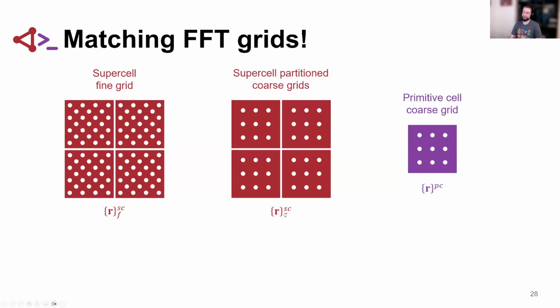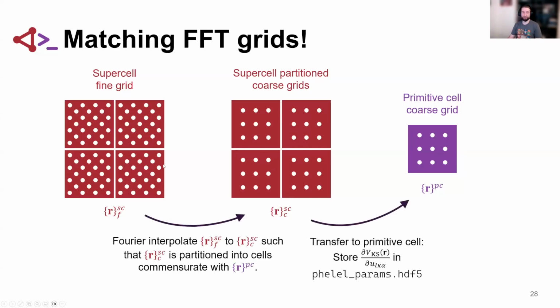And here I just use the index C to indicate that this is coarse. All right. And the only tricky technical part here is to go from our initial, maybe very complicated fine supercell grid to this nicely arranged partitioned coarse grid. And we do that via yet another Fourier interpolation. So we Fourier interpolate all these fine grid points to a coarser grid that is nicely aligned with this primitive cell.